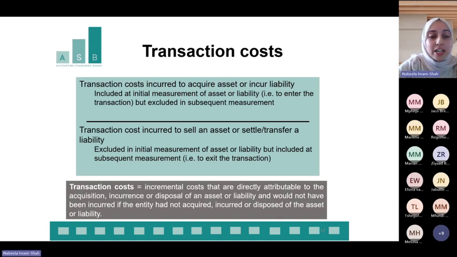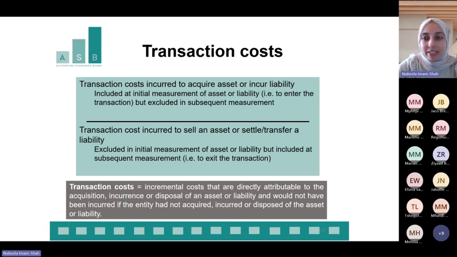Transaction costs are only those incremental costs that are directly attributable to the acquisition, incurrence, or disposal of an asset or liability, and they would not have been incurred if the entity had not acquired, incurred, or disposed of the asset or liability. Now, identifying whether measurement bases provide entry or exit values usually supports the determination of the approach to transaction costs.